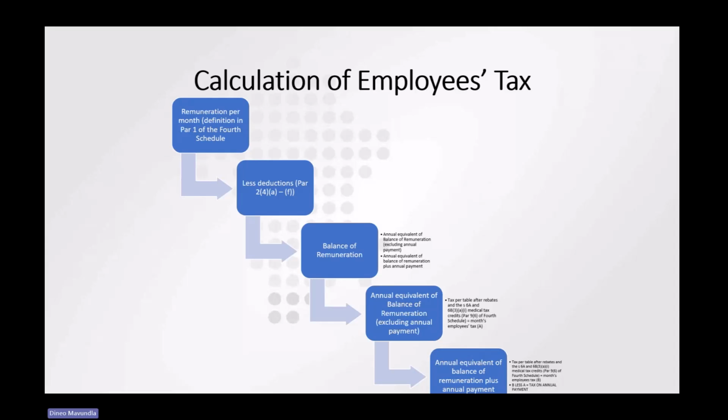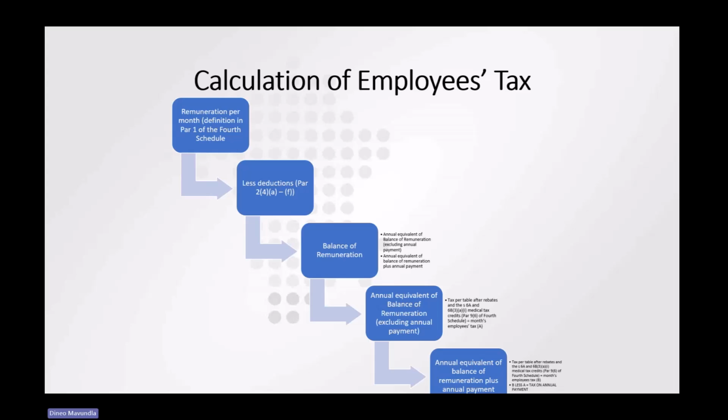So if it's a once-off thing, then that once-off thing will be included as an annual payment. So to determine our taxes on our annual equivalent of the balance of remuneration, we would then go to our tax tables. Then we would determine the tax on the tables, less our rebates, the medical and also the primary rebates. And then from there, we would get our employees' tax for that month.